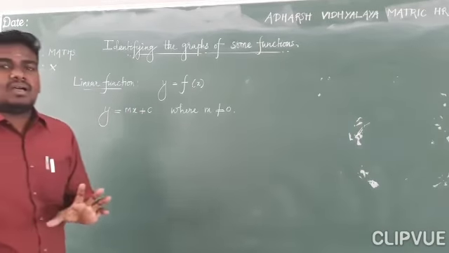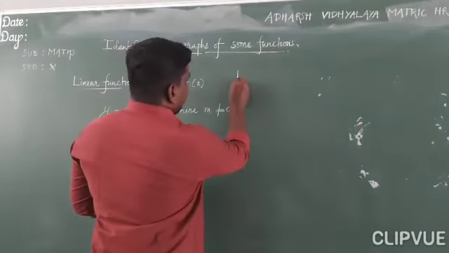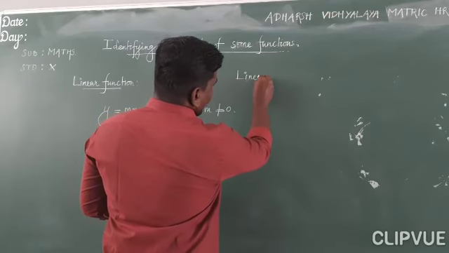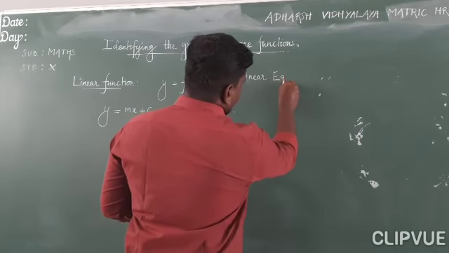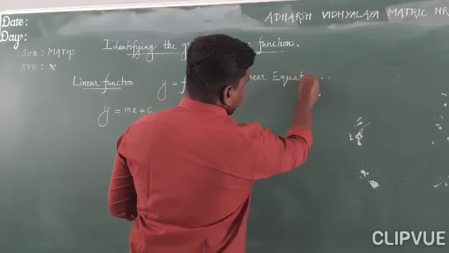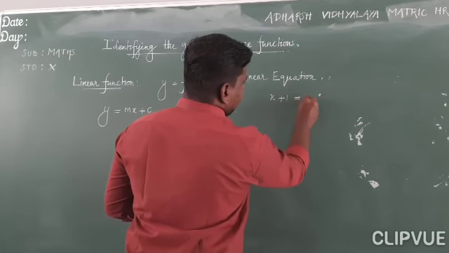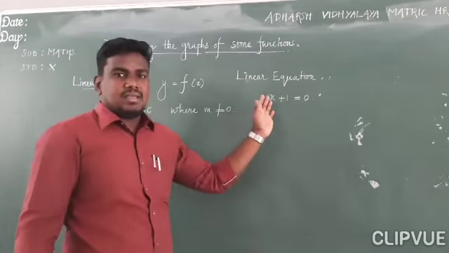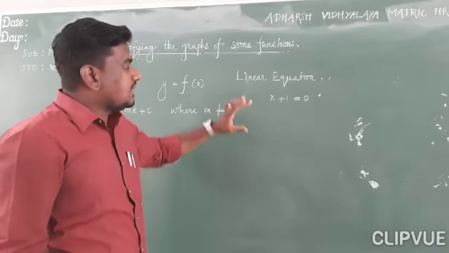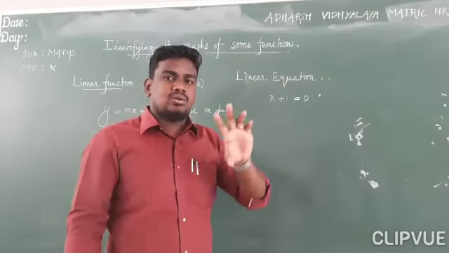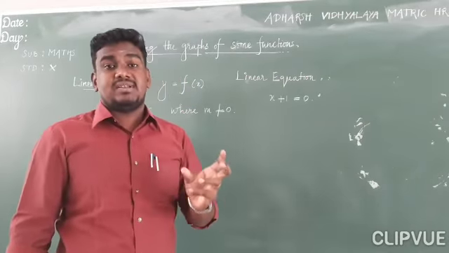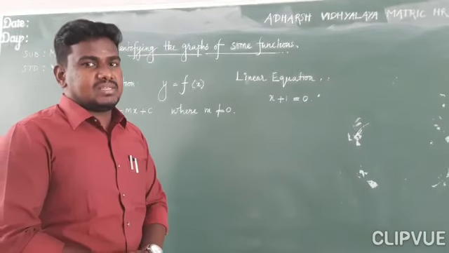Linear equation. For example, x plus 1 is equal to 0 is a linear equation because the degree of this equation is equal to 1. The definition of a linear equation is that the degree of the equation is 1.